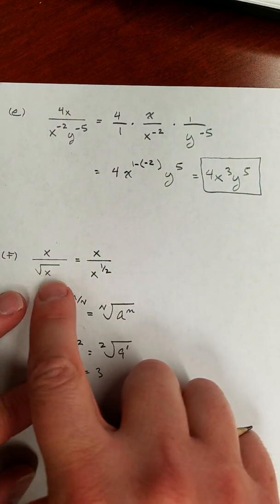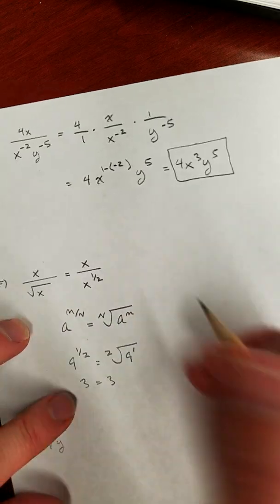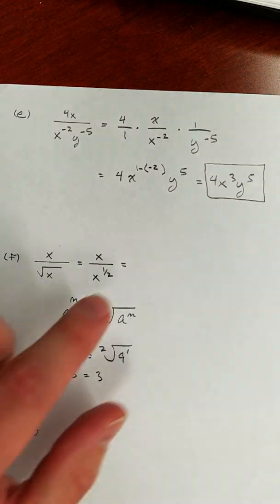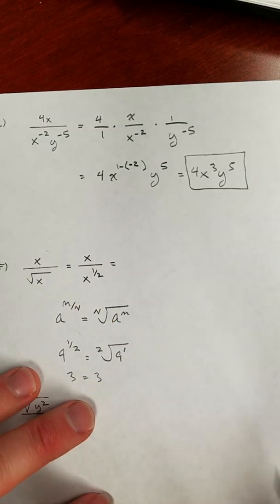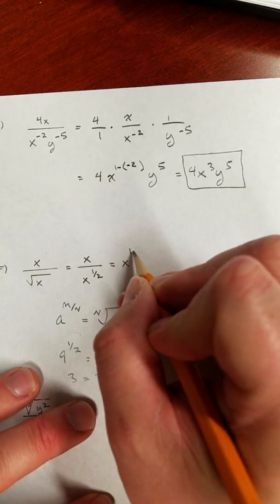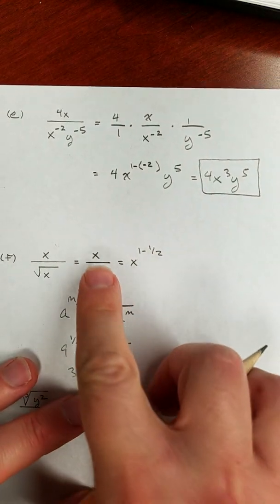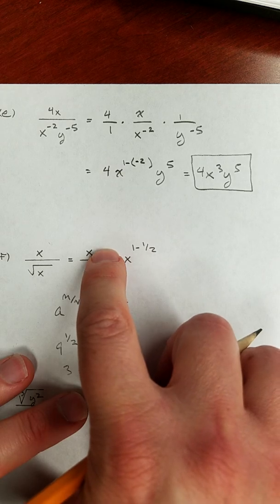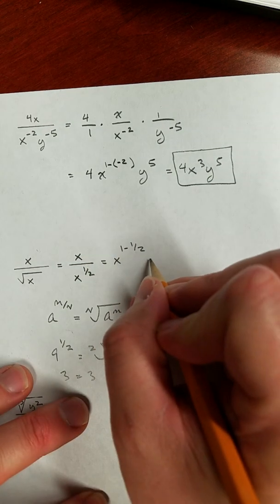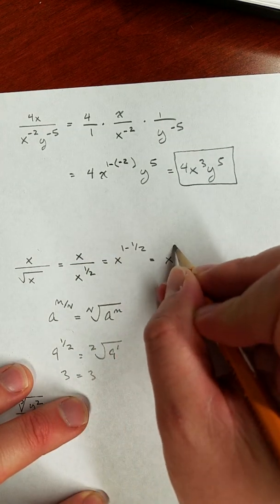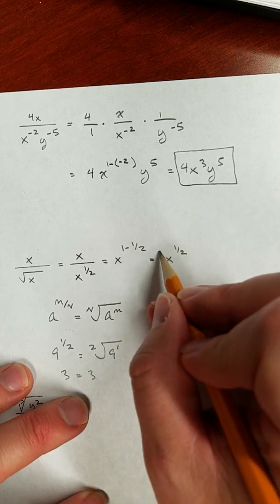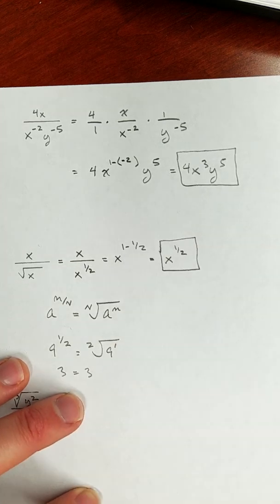All right, so I wrote this that way. And then what was the rule we saw a minute ago about dividing like things? When you divide like things, you subtract the exponents. All right, the exponent up there is 1. 1 minus 1/2 is 1/2. Okay, so you could give this as the answer if you want to.